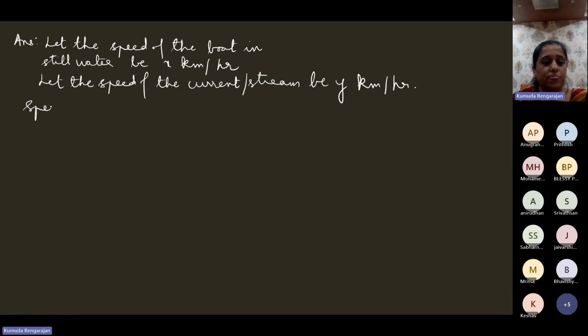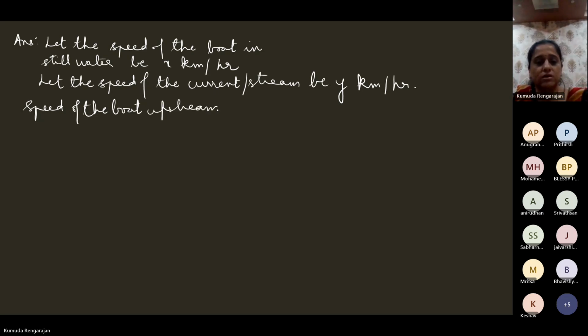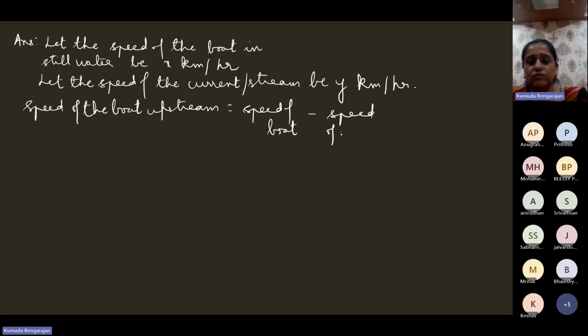So the speed of the boat upstream is equal to the speed of the boat minus the speed of water, so it will be x minus y kilometers per hour.